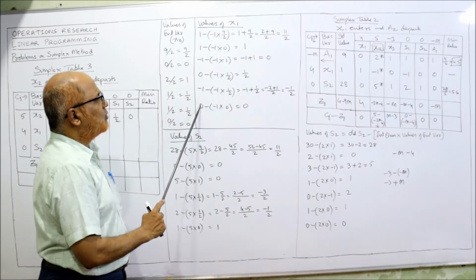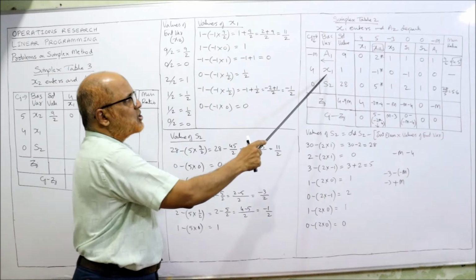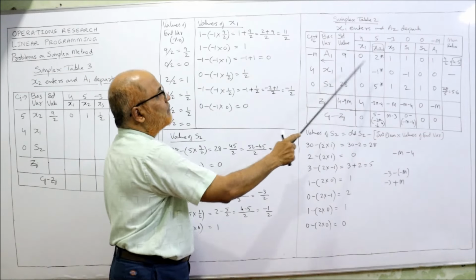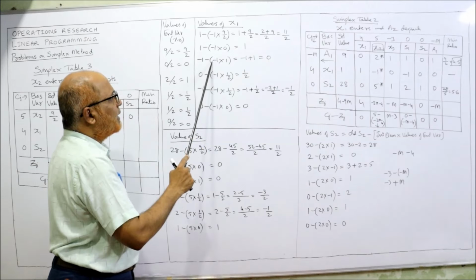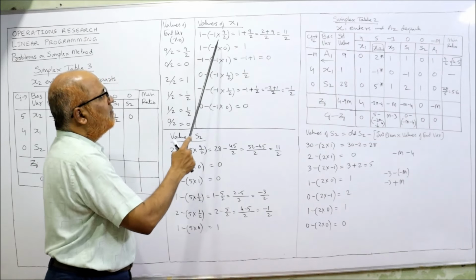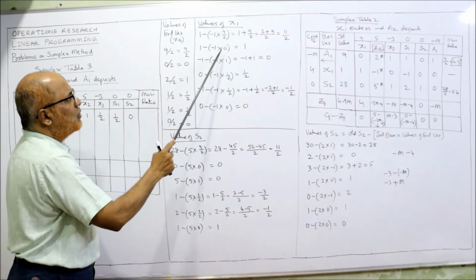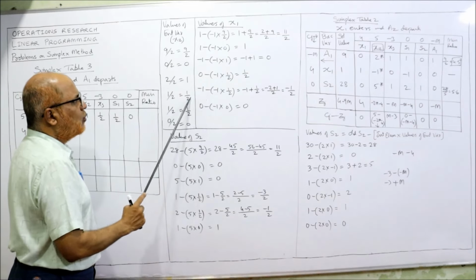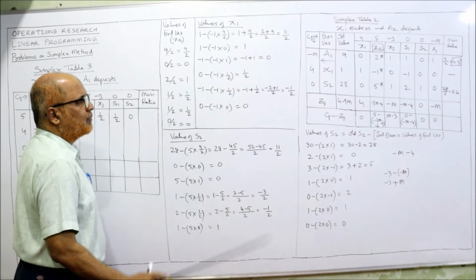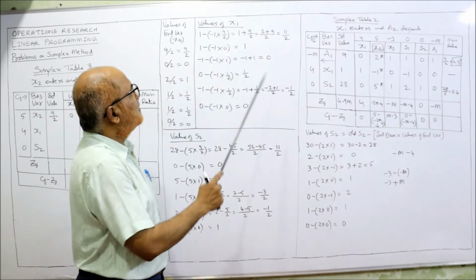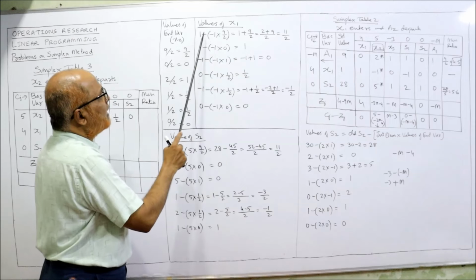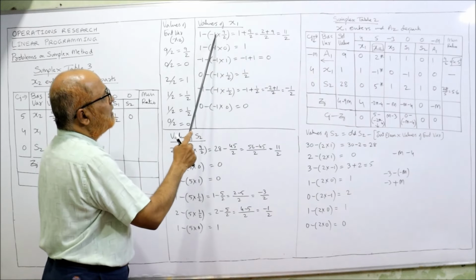Minus intersectional element of x1 is minus 1. So I have taken minus 1 in the bracket, multiplied by values of the entering variable: 9 by 2, 0, 1, 1 by 2, 1 by 2 and last one 0. Now simplify it. 1 minus into minus will become plus 9 by 2.